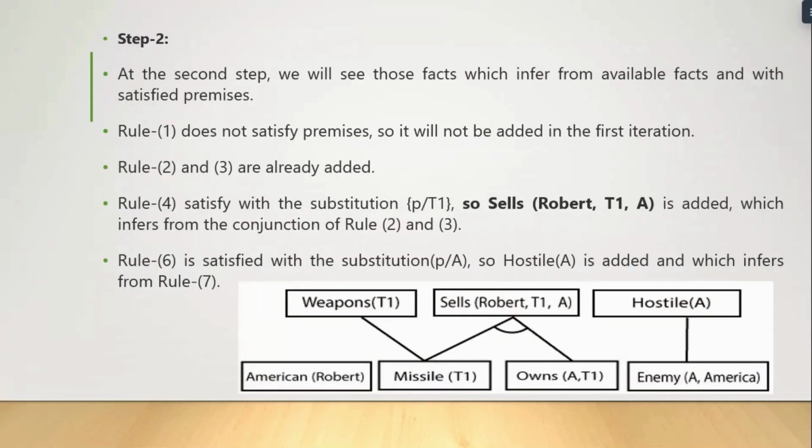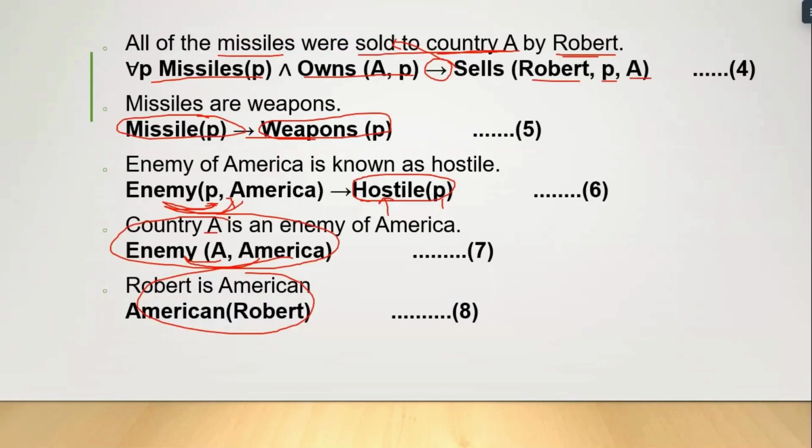Next, step 2. At the second step we see those facts which are inferred from the available facts and which satisfy the premises. We are using the rules to make new sentences. Here the sentences are missile of T1 and owns of A, T1 implies sells of Robert. So let us check the missile and owns implications here.